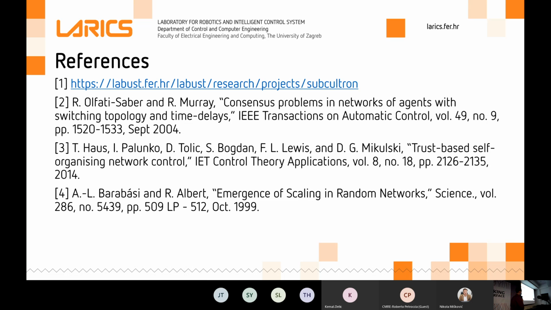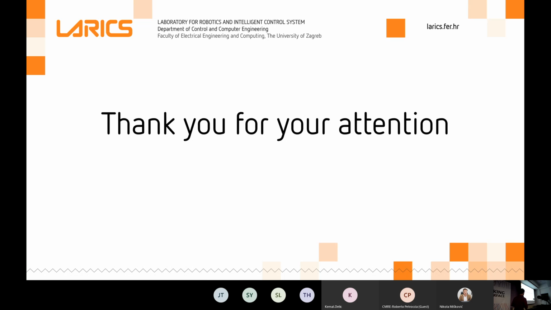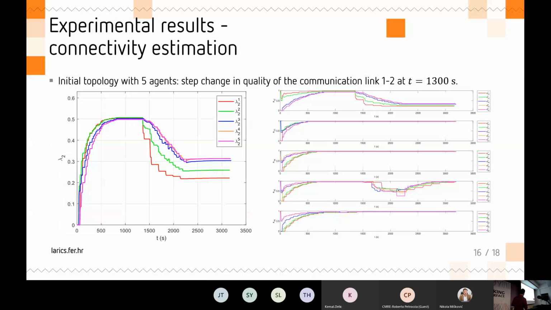Yeah, there are some differences in simulation and in real system. So I don't think this is probably the best way to show it. You can see that there are these steps in the growth of the lump value. This is because, like Tamara said, the agents can communicate only in sequence.